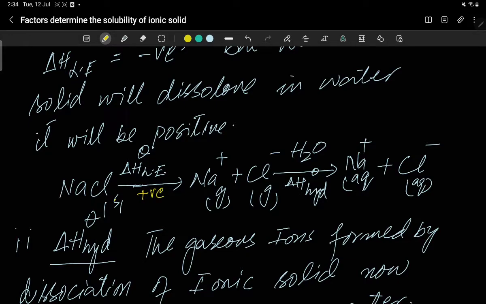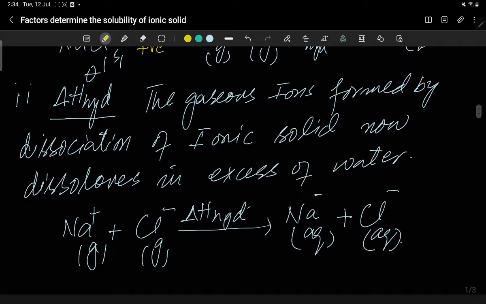And afterwards, when dissolved in water, it will convert into aqueous ions, sodium aqueous and chloride aqueous ion. So this is equal to the delta H hydration, which is negative. So delta H hydration: the gaseous ions formed by dissociation of the ionic solid now dissolve in excess water.